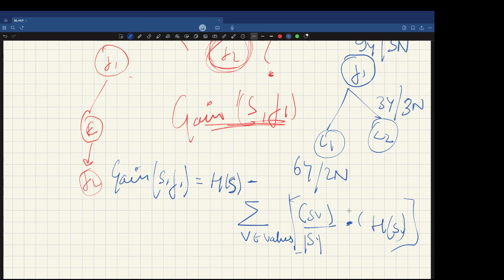I think this is the formula. Once we calculate it, we'll get to know.